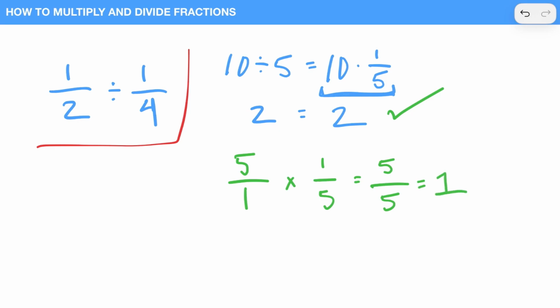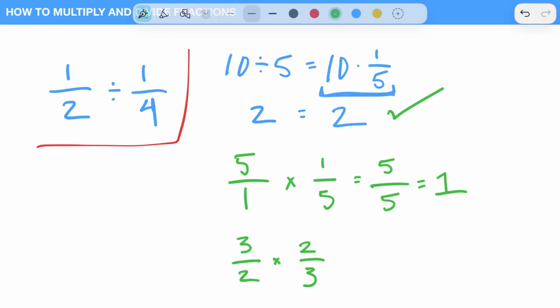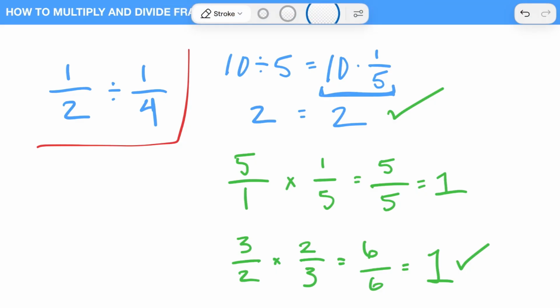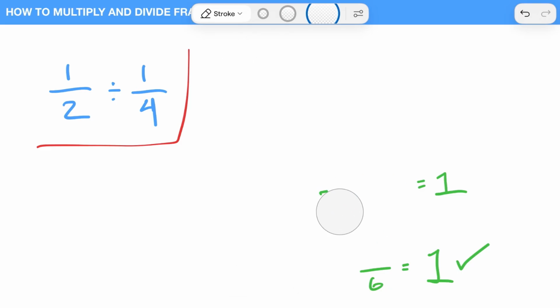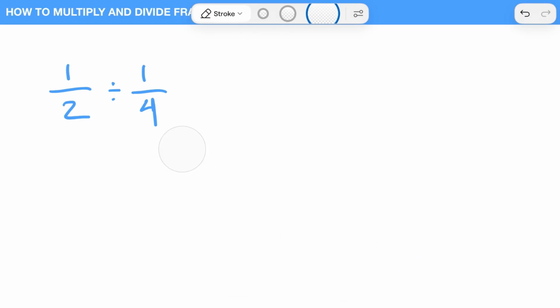And that's true for any reciprocal pair. If I do 3 over 2 times 2 over 3, again, just flipping that fraction, I get 6 over 6, which again is equal to 1. So how does that help us? Well, when we divide fractions, we're going to utilize this reciprocal idea.